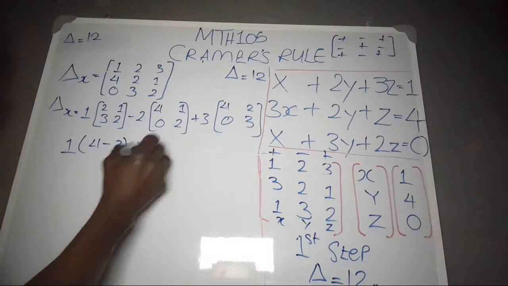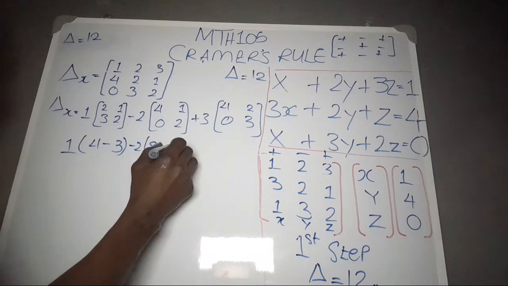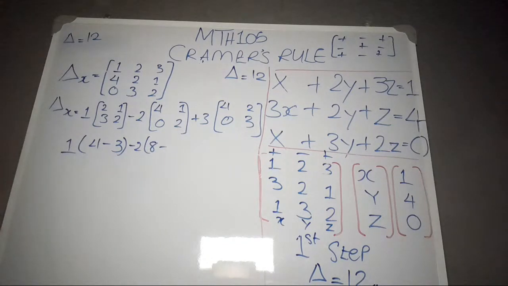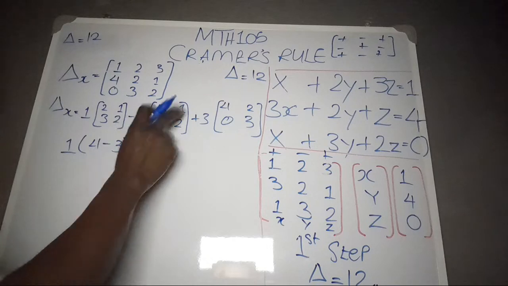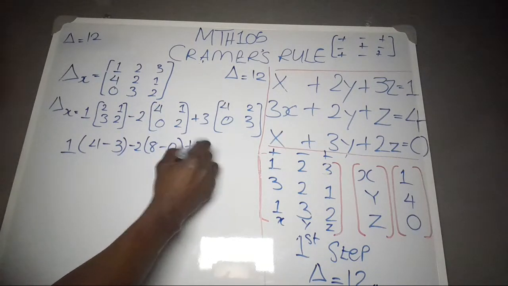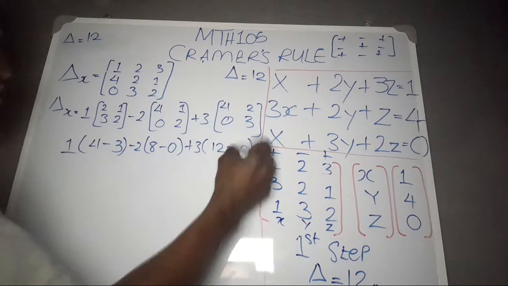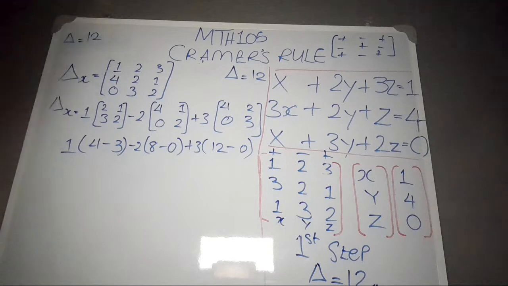So we have minus 2. 4 times 2, that's 8, minus 1 times 0, 1 times 1. Anything multiplied by 0 gives us 0. So we have plus 3. This gives us 12, and this gives us 0. In another multiplication, anything you are multiplying with 0 gives you 0.